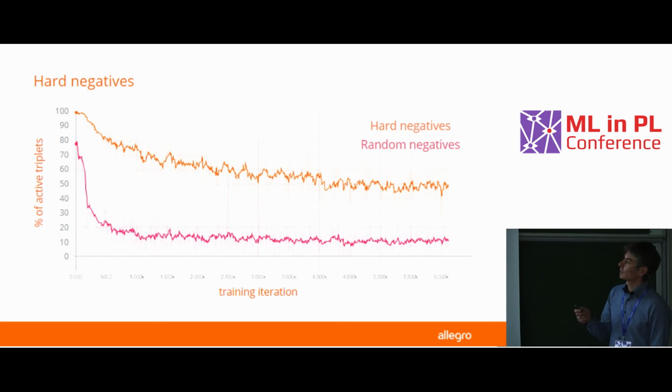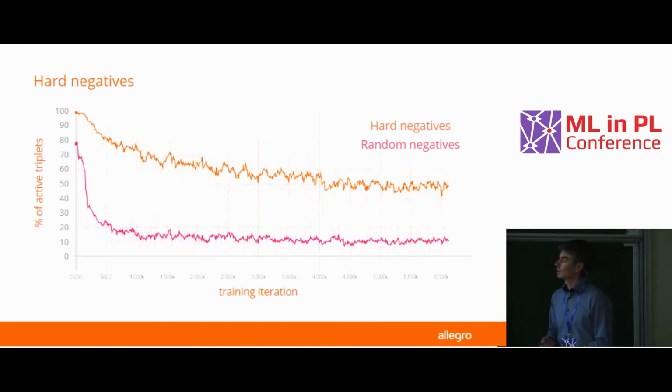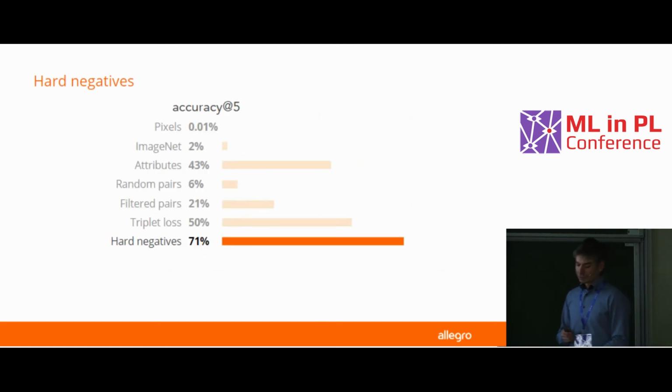And with hard negatives, there is also a drop in the active triplets percentage, but even late in the training, we have half of the examples still usable for training. And it also has a significant impact on our accuracy. With hard negatives, we have 71%, and it's much better.